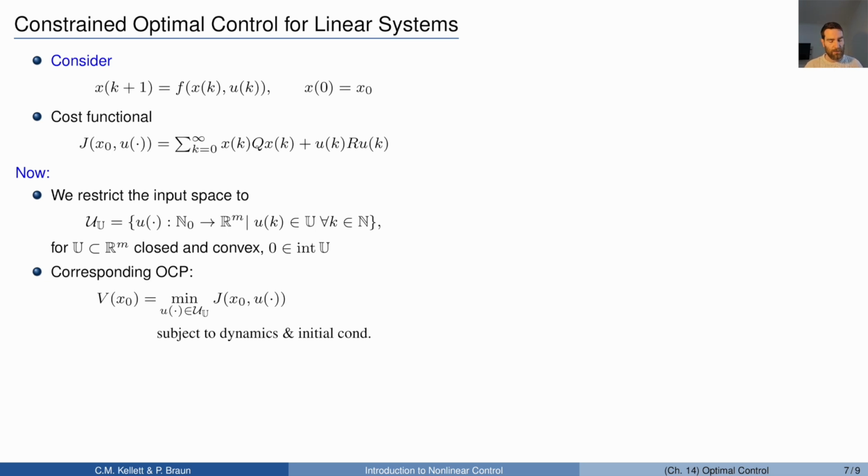But now the change we're going to make is that we assume that our input is constrained, meaning U of k for all k needs to be in a closed and convex set, it doesn't necessarily need to be compact. And then we can look at the corresponding optimal control problem, where now the only difference is that we have the constraints here as well. So U of k needs to satisfy additional conditions.